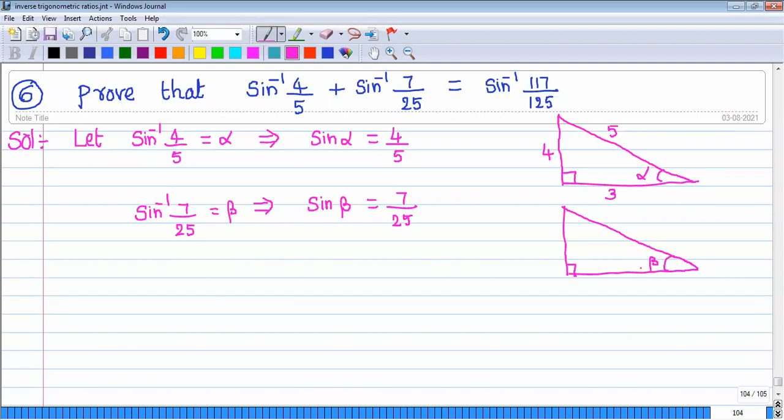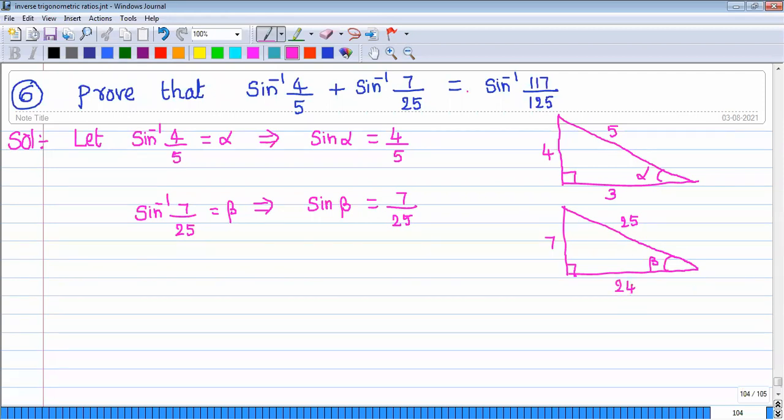This is beta. 7, this is 25. What will be the remaining side? 25 square is 625. 7 square is 49. 625 minus 49 is 576. What is the square root of 576? 24. Yes, 24.